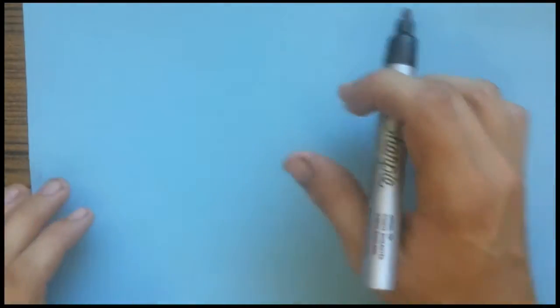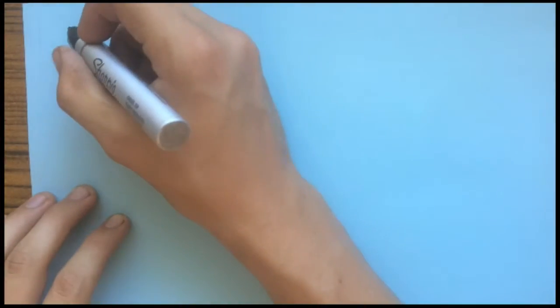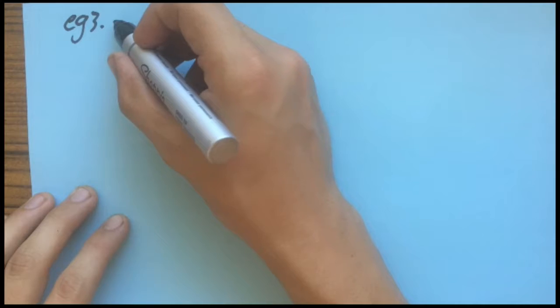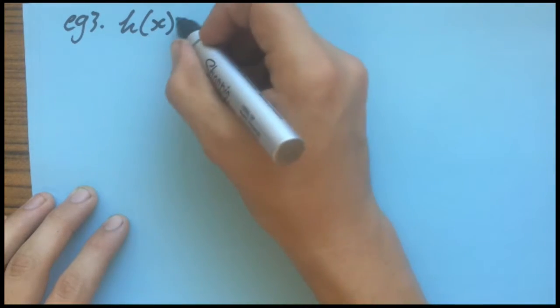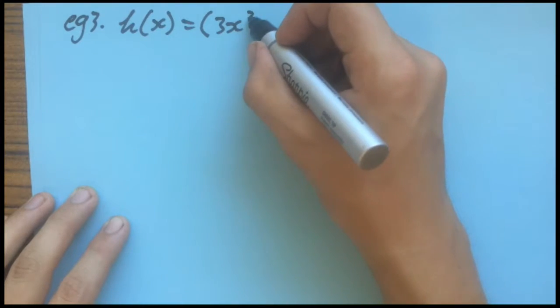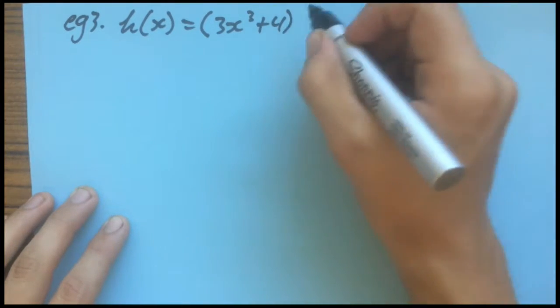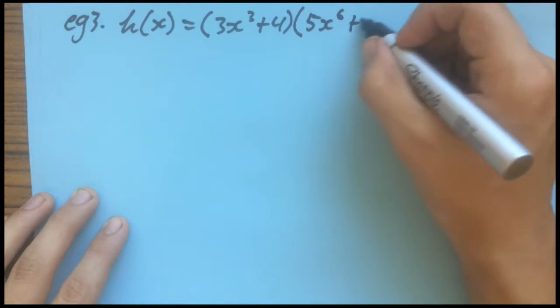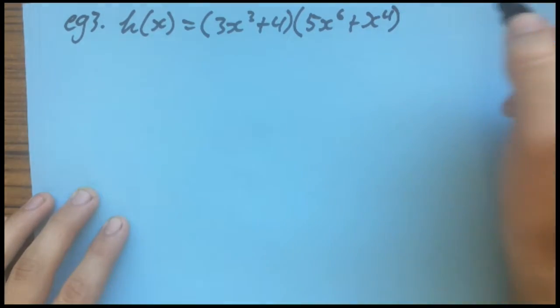Okay, so say h equals 3x to the power of 3 plus 4, multiply that by 5x to the power of 6 plus x to the power of 4.